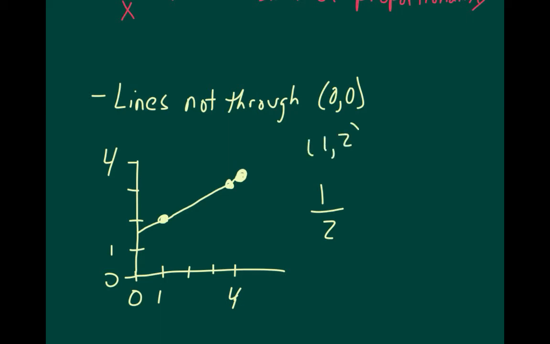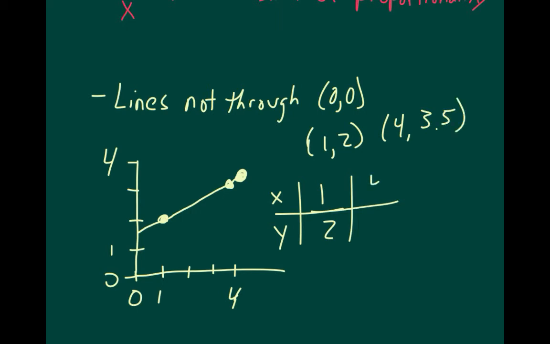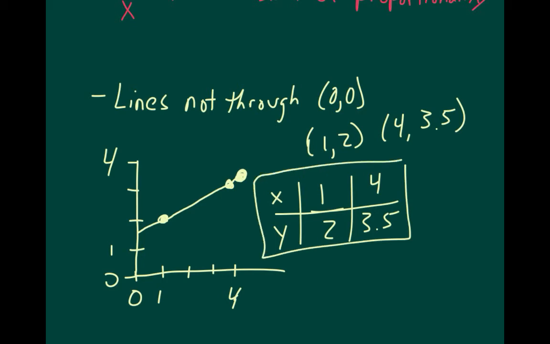So if you had the point 1, 2, it'd be like this in an XY table, right? And my other point looks like it's 4, and my aim was off, so I'll maybe say 3.5. So that would be 4 over 3.5. I thought it looked like 3.5, but something along those lines.